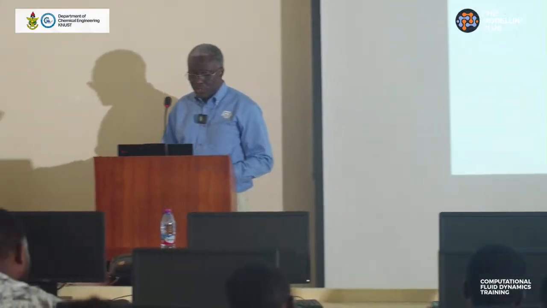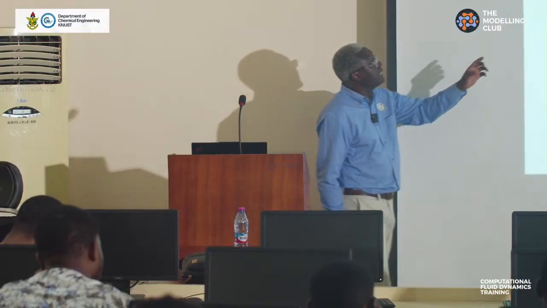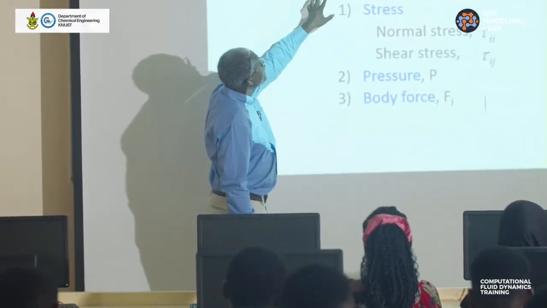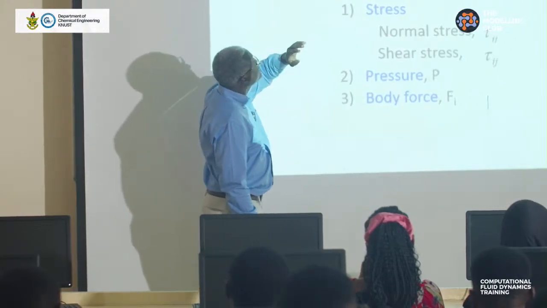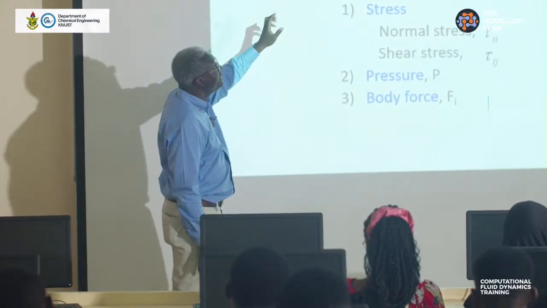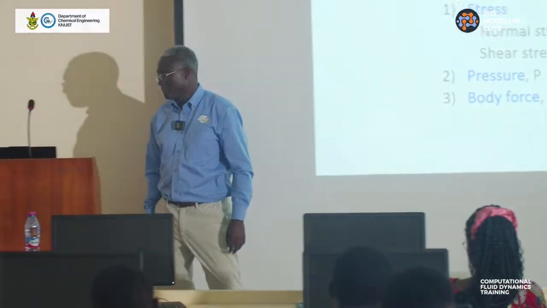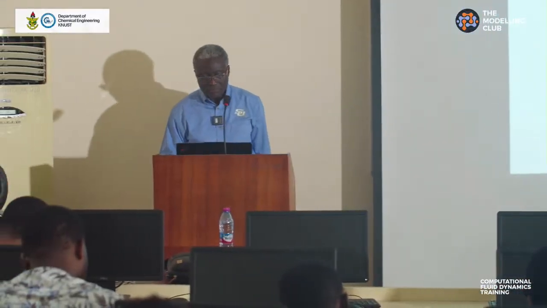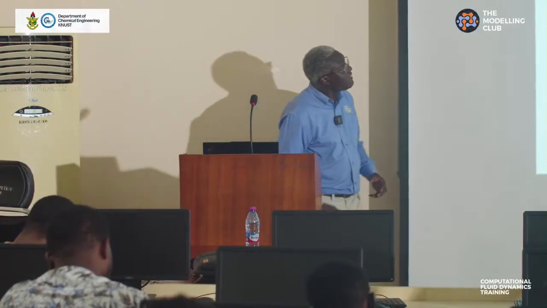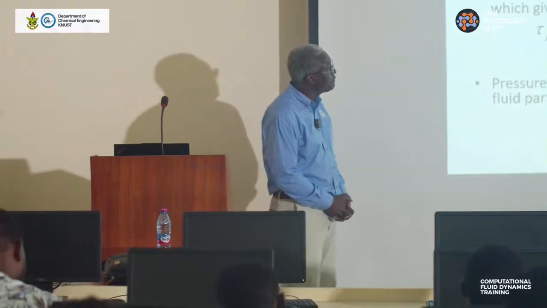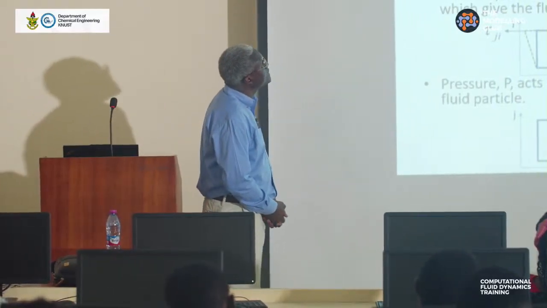Okay, so let's look into expanding this. So note that in Newton's second law here, the left-hand side is written compactly in the form of a substantial derivative, okay? Let us have some understanding of what we mean by the components of these forces.